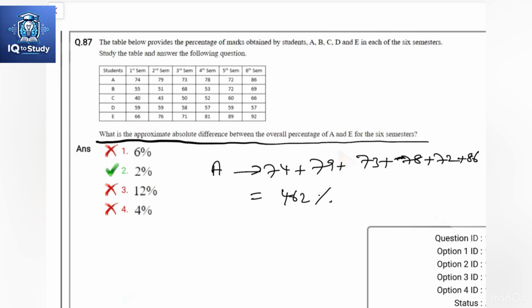And similarly, student E in all semesters is 66 plus 76 plus 71 plus 81 plus 89 plus 92, which is equal to 475%.